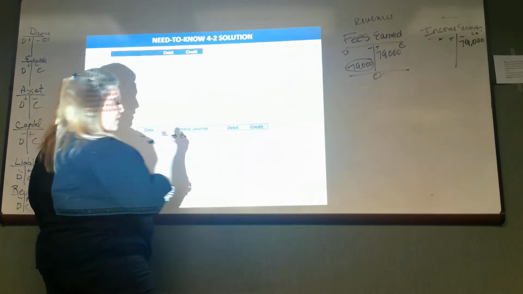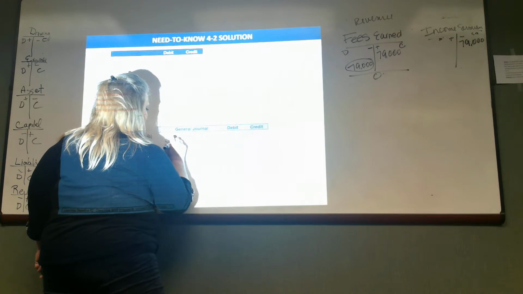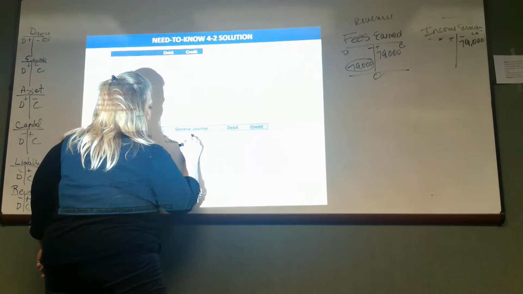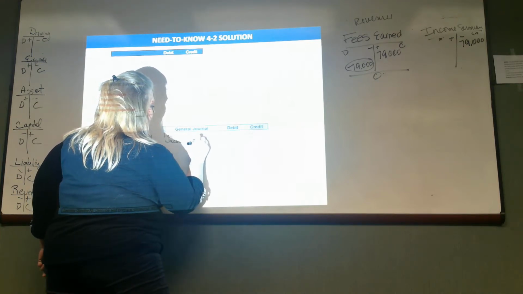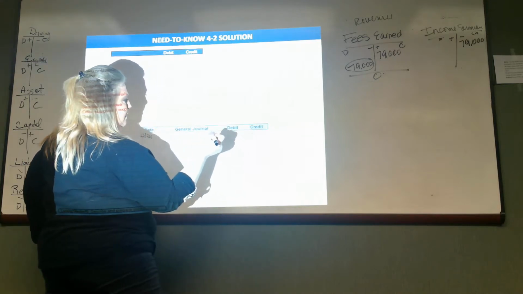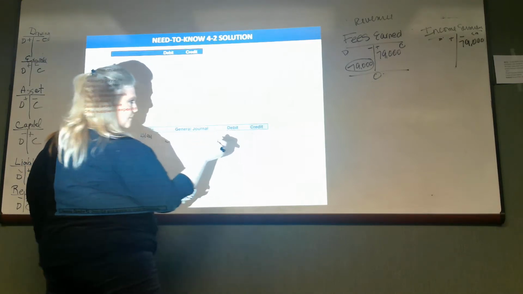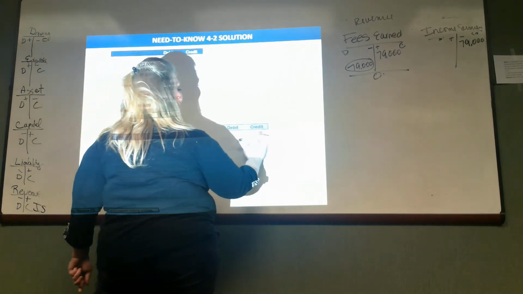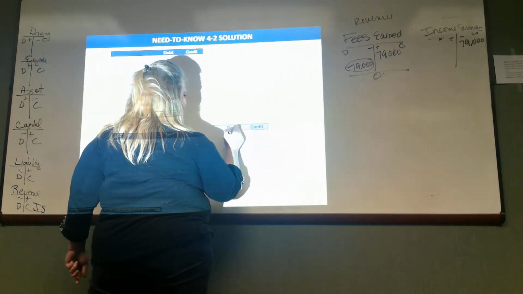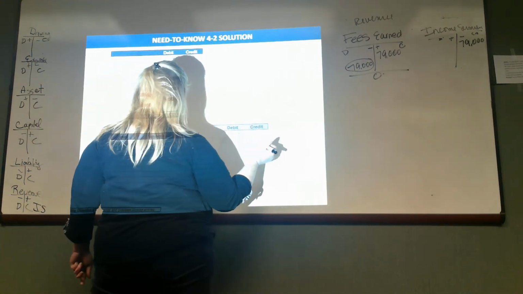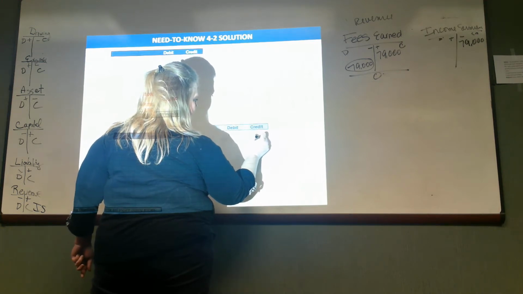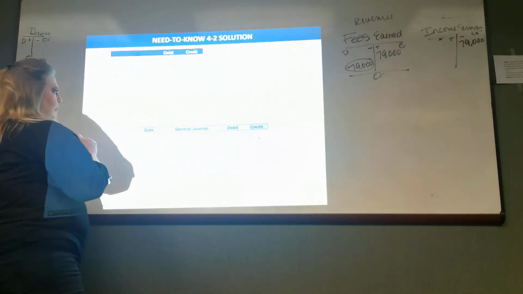Income summary. So you're gonna do the exact same, except one is a debit and one is a credit, right? So what goes first? Debit. And what do you have first? Credit. Perfect.